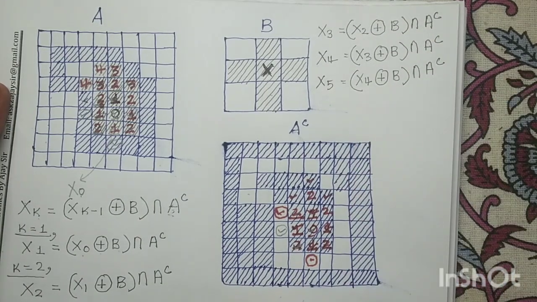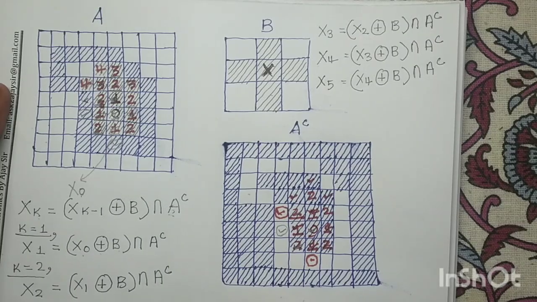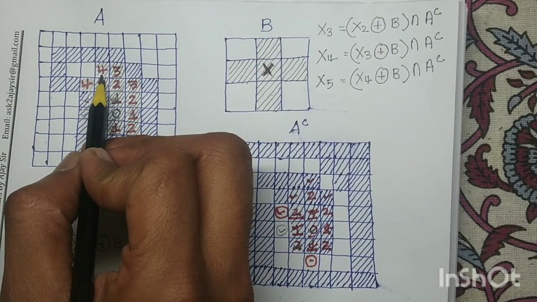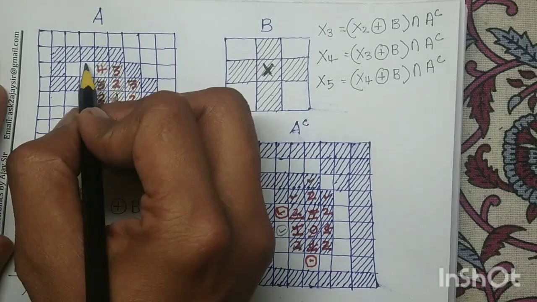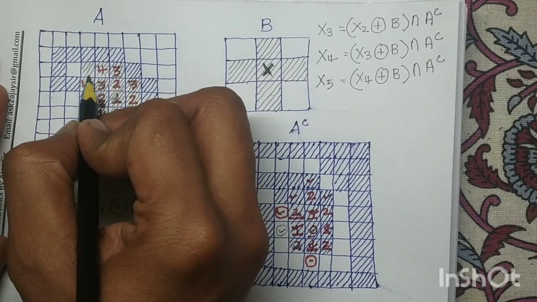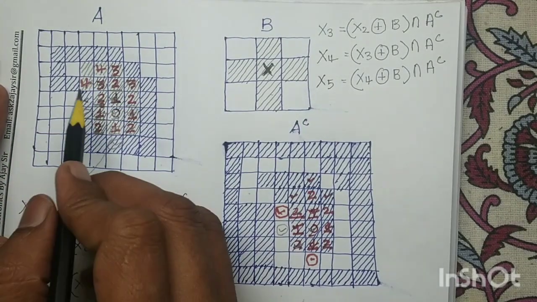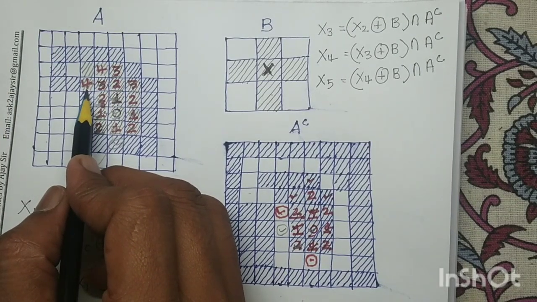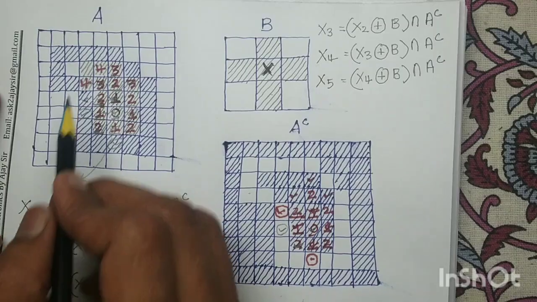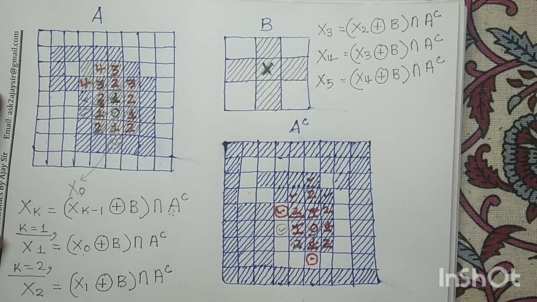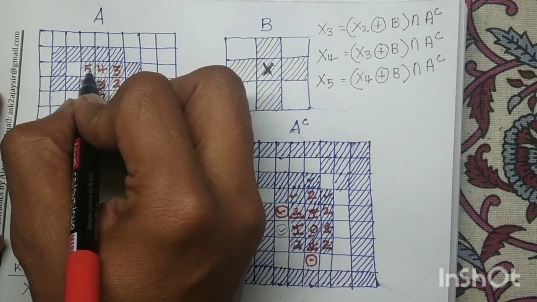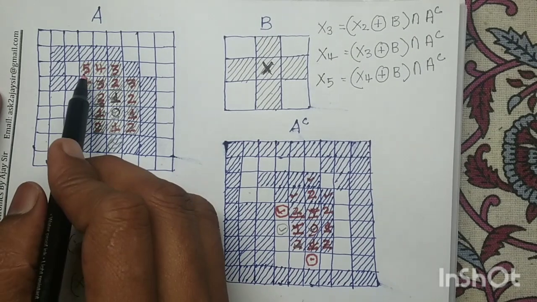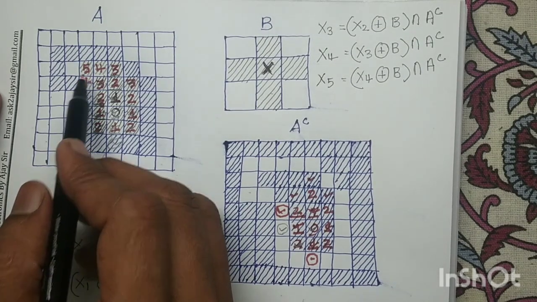If you perform the dilation operation at this point followed by the intersection operation, only this pixel will satisfy the intersection condition. And at this point, it won't make any change. So after completion of the fifth iteration, only this pixel will be part of my fifth iteration output, and in the image I mark it as 5.